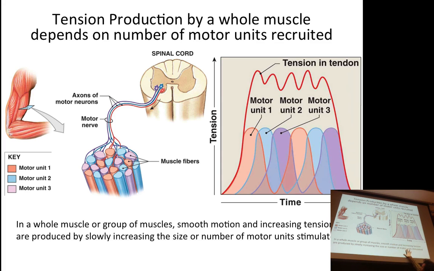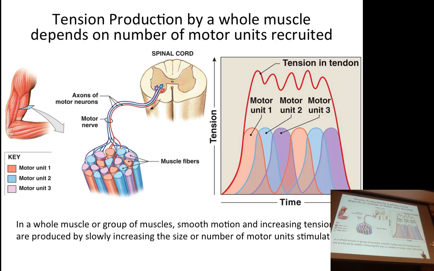And this is another way that the tension of the different motor units add up. So here we go with three different color-coded motor units. One of them contracts, motor unit 1 contracts, and then releases. Meanwhile, motor unit 2 has begun to contract, and is adding the additional tension that it's providing to the whole muscle to the ensemble.